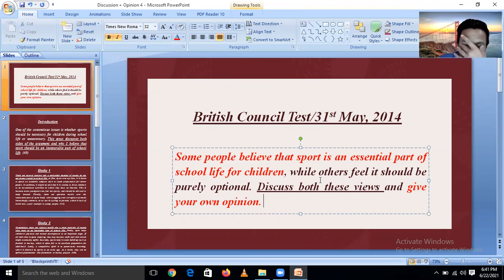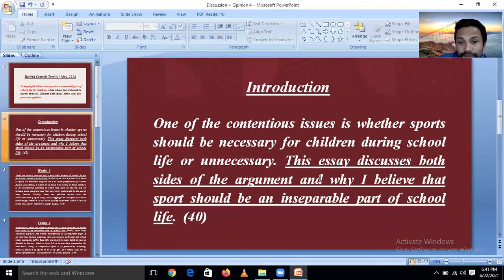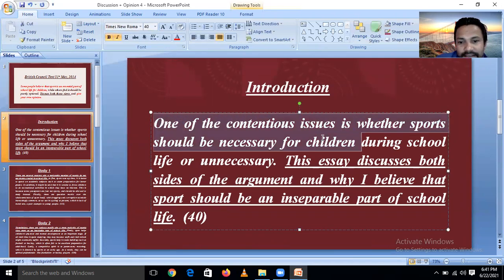After analyzing the question, I'm going to paraphrase the question. Look here, this is a controversial or contentious or hotly debated or disputable topic. Then you need to write this sentence. This sentence works in all types of discussion plus opinion questions.